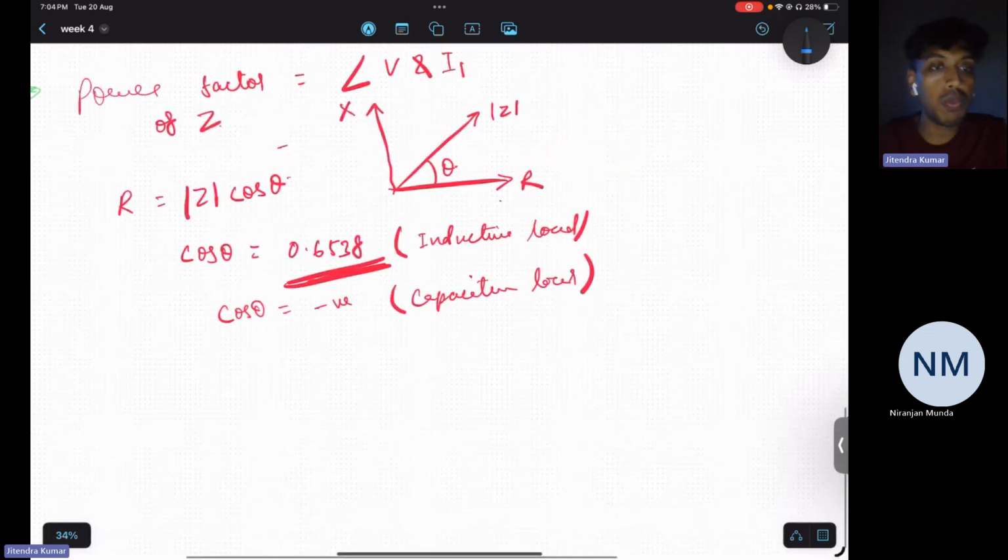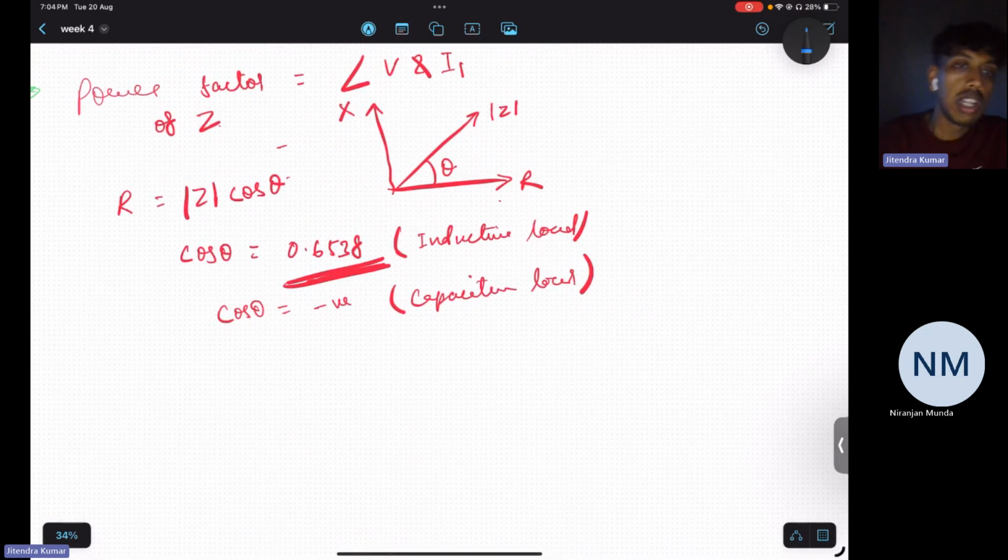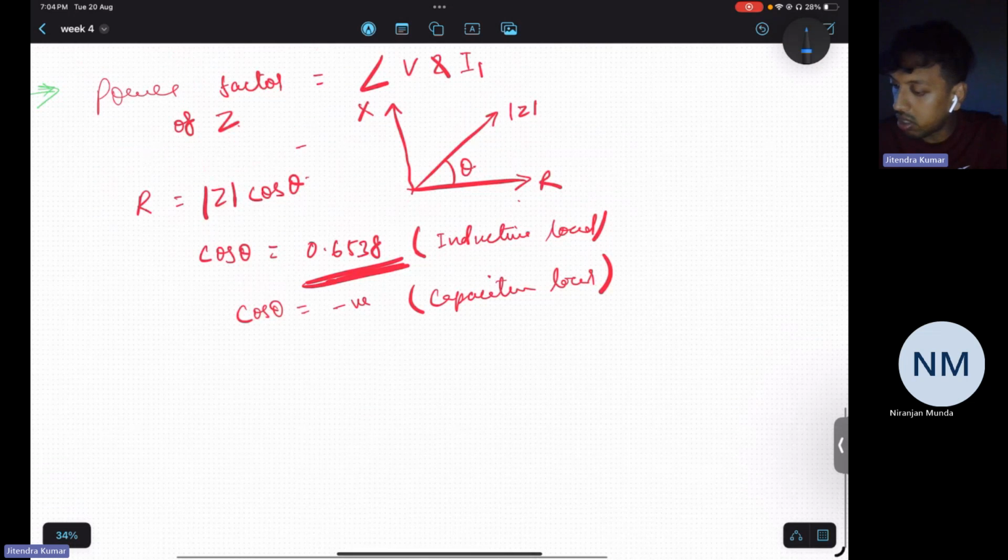Next problem is based on potentiometer. So what does a potentiometer do? It actually calculates the voltage, or basically it is a variable voltage. You have one supply, but you want a variable voltage. Let me draw it here.